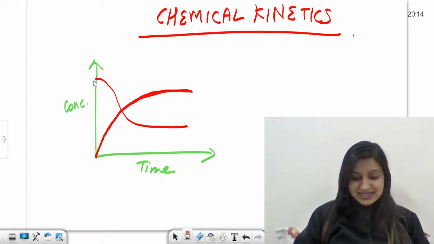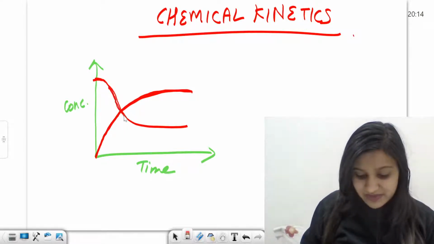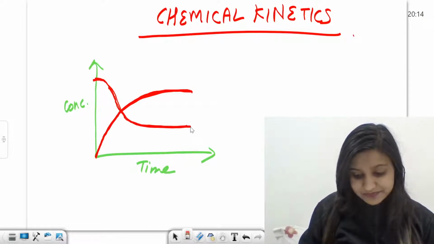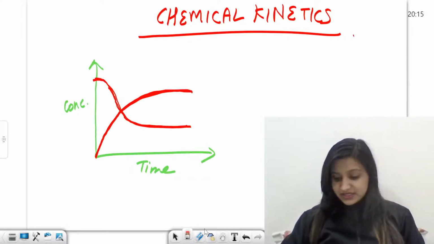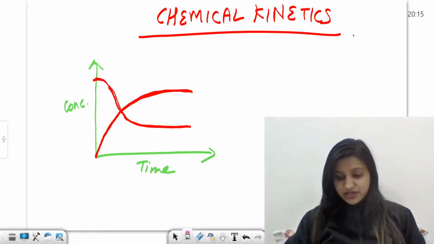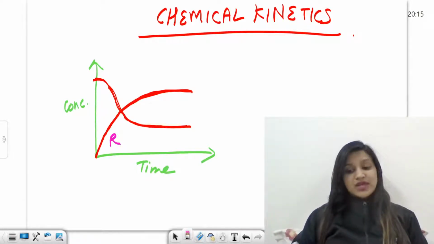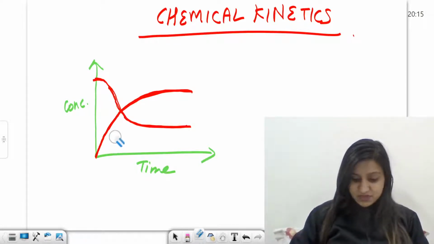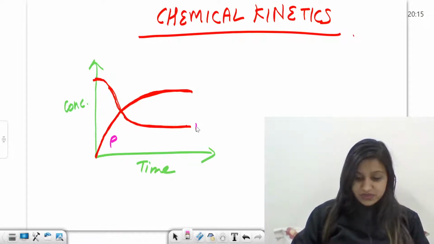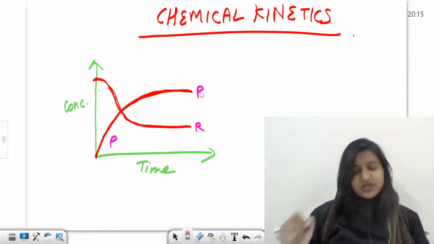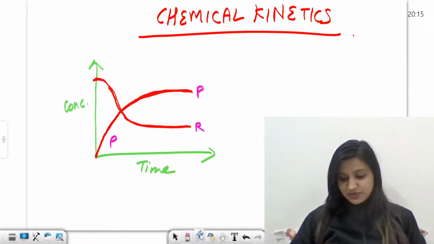So this is how your graph looks in the case of chemical kinetics. This one is for reactant and this one is for product. Let's write it this way only.